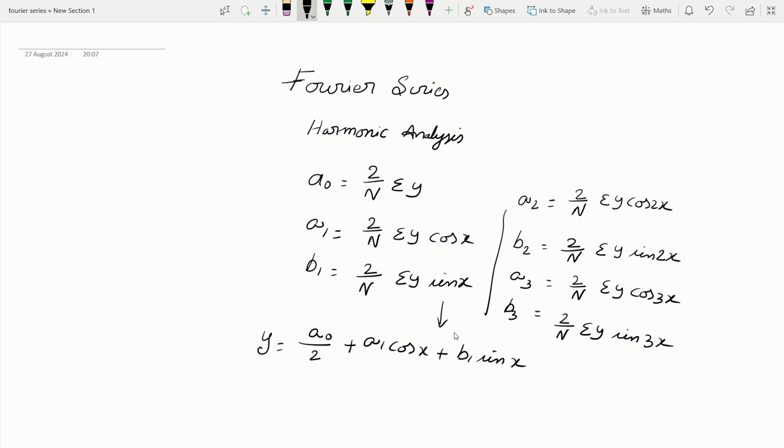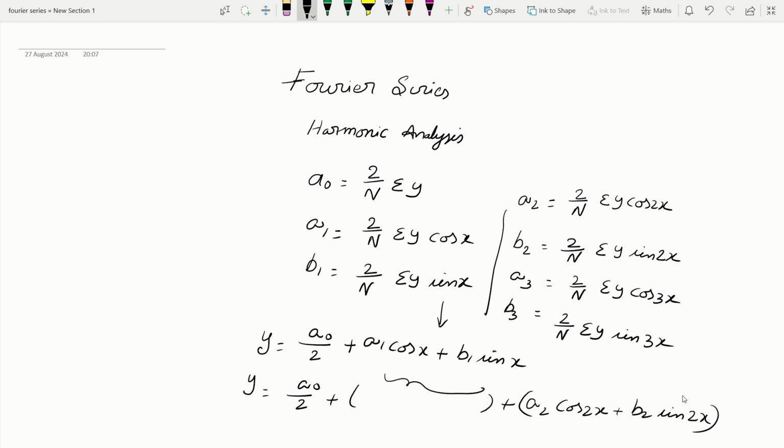Similarly, if they ask for the second harmonic also, then the y value becomes a naught by 2 plus a1 cos x plus b1 sin x, and apart from that, a2 cos 2x plus b2 sin 2x. You can write this in the bracket.